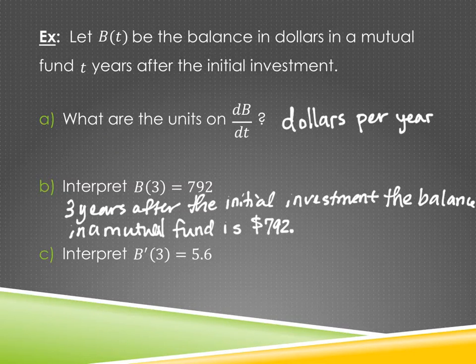C is like what we did in the last section, B prime. It's how something's changing, right? Now, it's still 3 inside. That didn't change, which means the statement will start out the same way. It will say 3 years after the initial investment. That's the when.